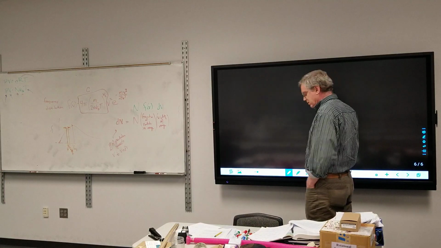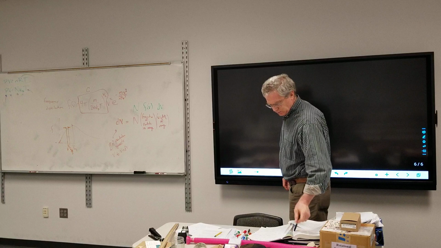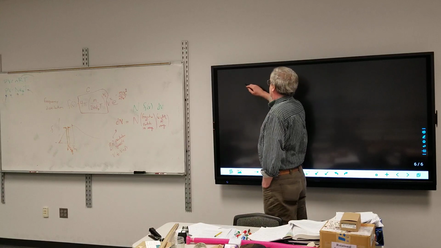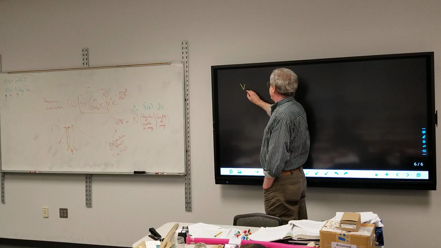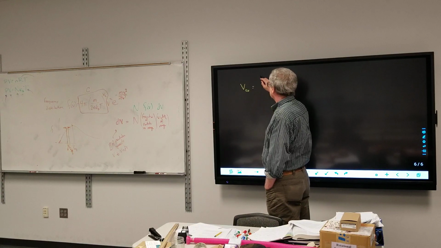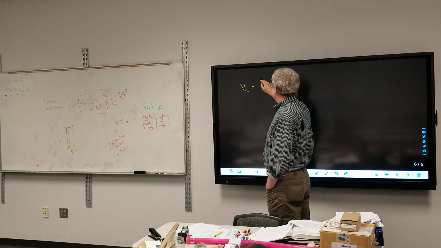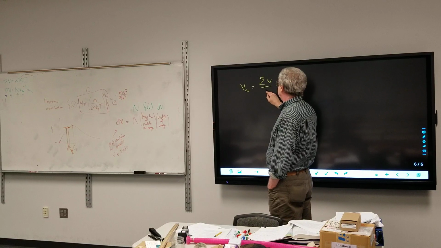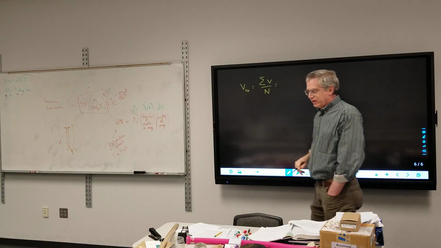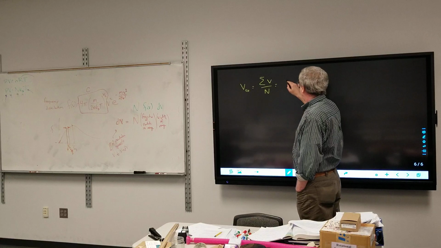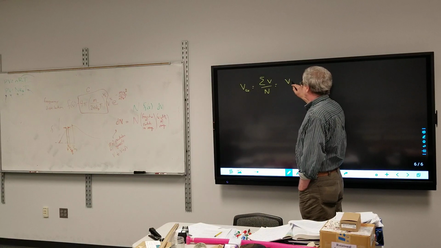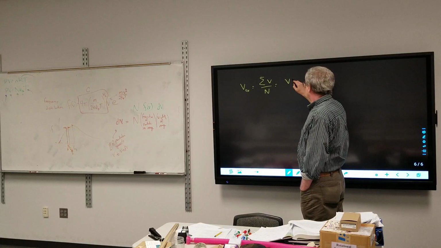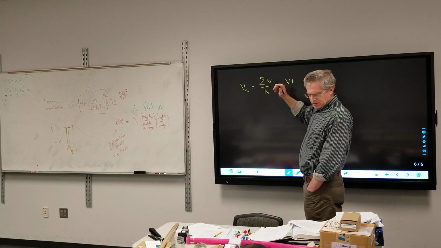So my average speed should be, well, the sum of all the speeds divided by the number of particles. That's generic. At a particular speed, how many particles do I have at that speed?